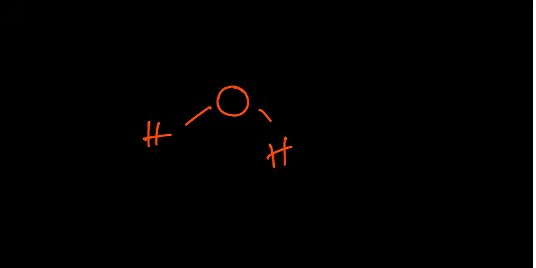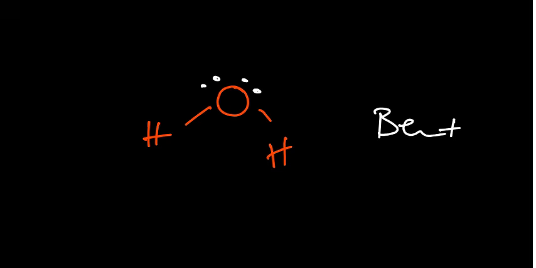In such a case, you end up with a shape like bent. We'll see what exactly it can be called when you have two lone pairs like that. I think it forms a shape more like tetrahedral, which is the closest so far.